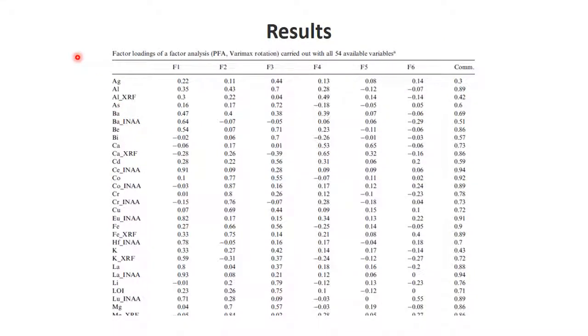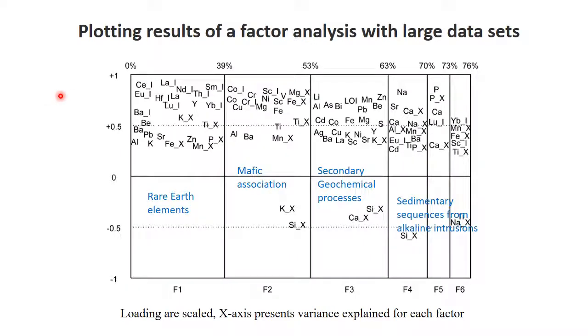In any case, we can run factor analysis. This is done in that Riemann paper. And here we see they chose about 6 factors, and we see here the loadings of the various elements. And so now it becomes a little hard to understand and hard to look at. So what is often done is to make this kind of plot. In this kind of plot, we have 2 axes.